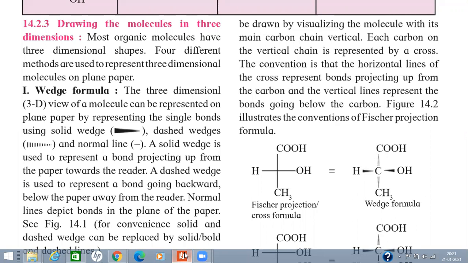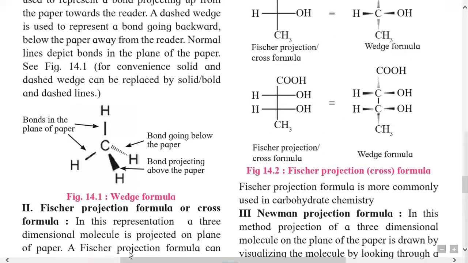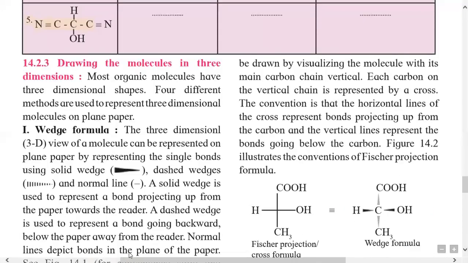So there are three ways to represent a molecule in three dimensions. One is the Wedge formula, second is the Fischer formula, also called the cross formula, and third is Newman's projection formula.